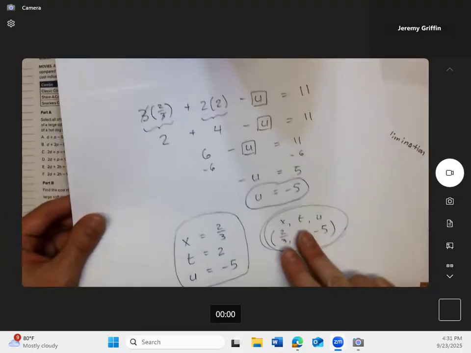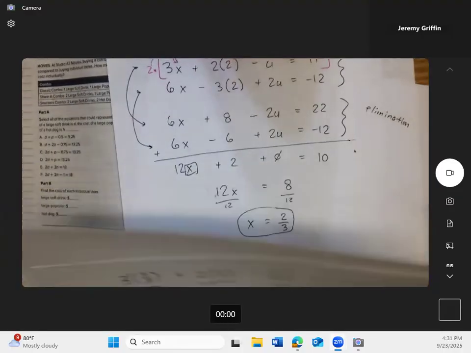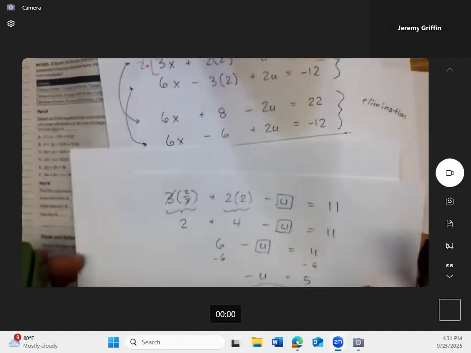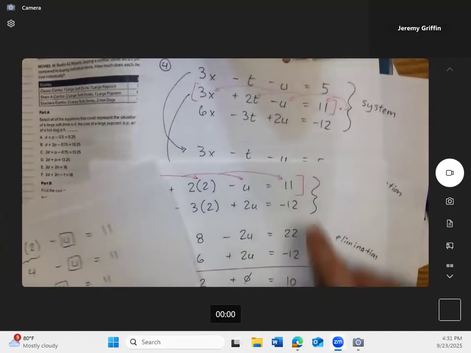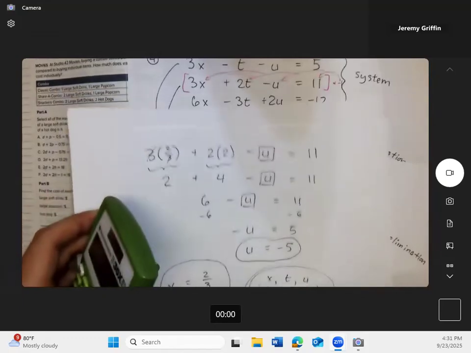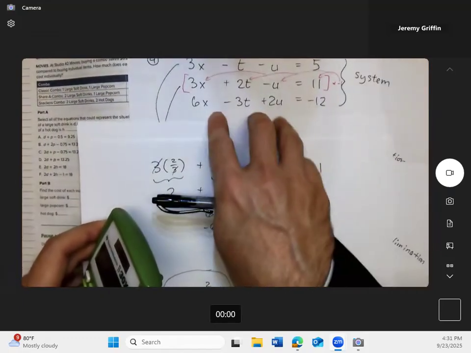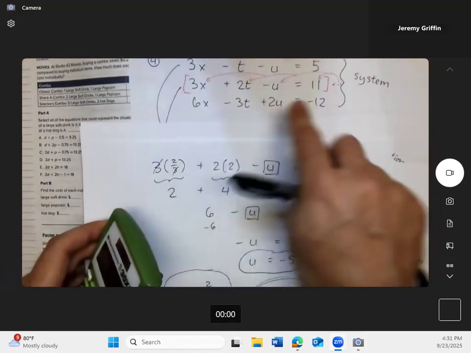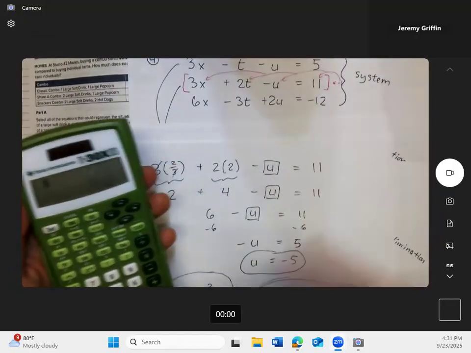Last thing I'm going to do on this one is check my answers. So how about an equation I haven't revisited in a while? How about this third one right here? So if I plug in this ordered triplet to these corresponding variables, it should come out to -12. Let's see if it does. If it does, we're good.